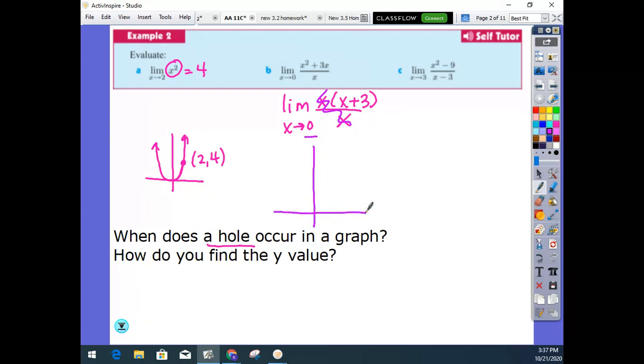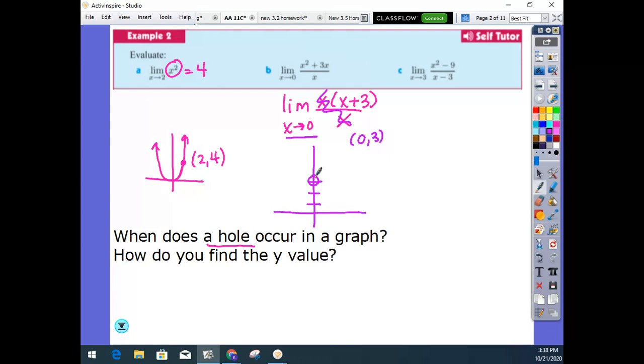So let's look at that graph. If I graph this line, 1, 2, 3, we start at 3 with a slope of 1. But when x is 0, this is where our hole occurs. Where I canceled a factor, when x is 0, y is 3, that is my hole.